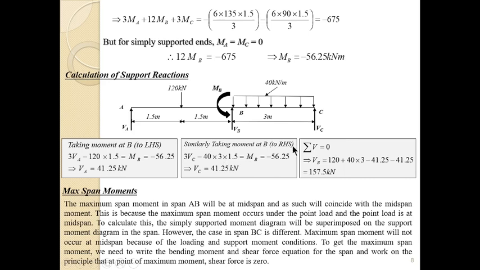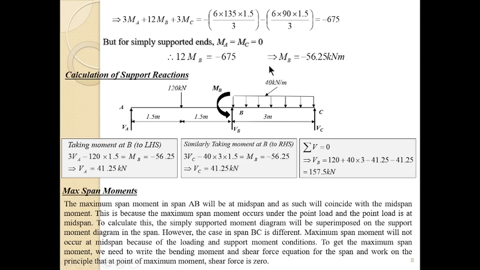So now the force VC, the perpendicular distance is 3, so we have 3 VC. The next force is this UDL 40. The UDL is going to produce a clockwise moment, but in this our new sign convention, clockwise moment is negative, so that's why we have negative. First of all, we convert the UDL to a point load, which will be 40 multiplied by the distance. That's why we have 40 times 3.